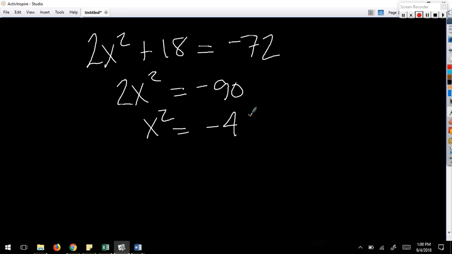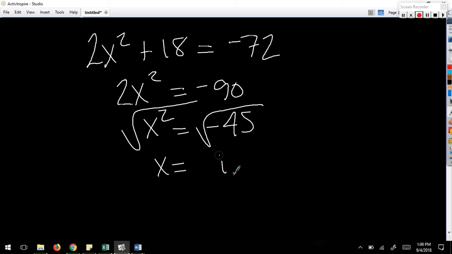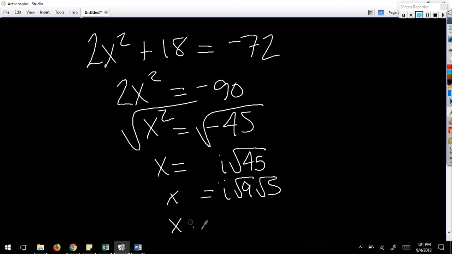Divide by 2, I get negative 45. Square root. 9 and 5. So I get plus or minus 3i root 5.